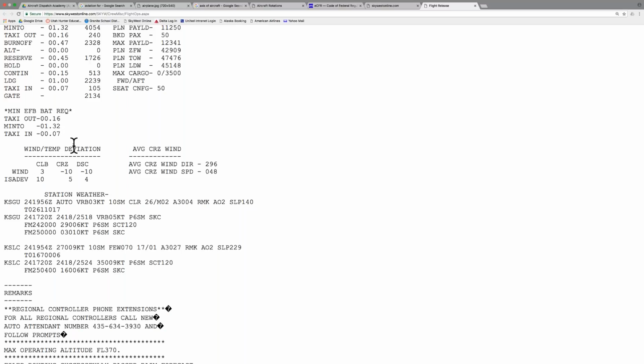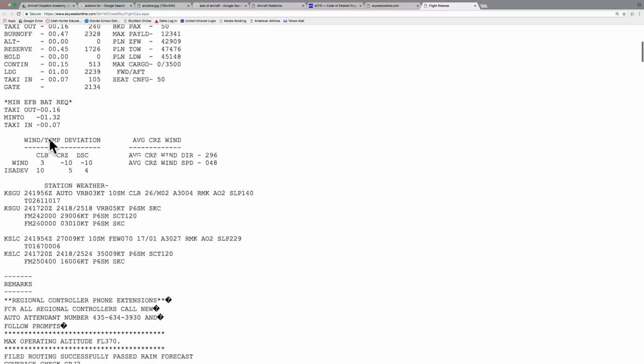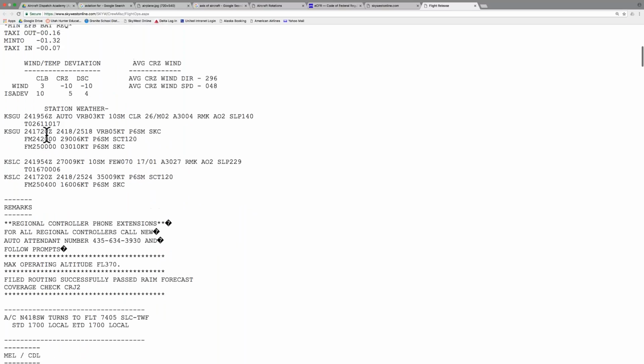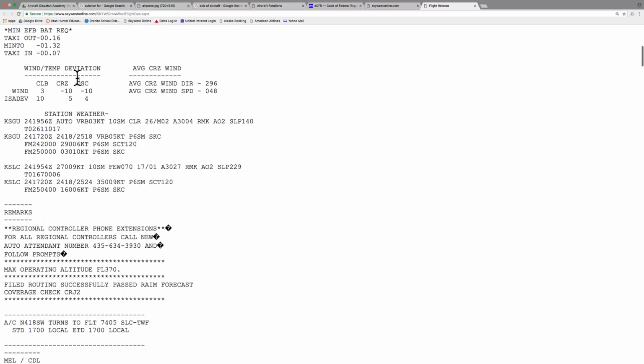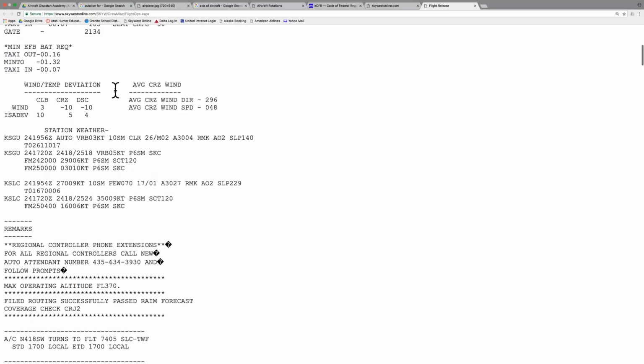And they have to delay the flight until that battery has that much time on it before they can even take off, because we don't carry any paper charts on board the aircraft anymore. So, yeah, that's what that EFB is.